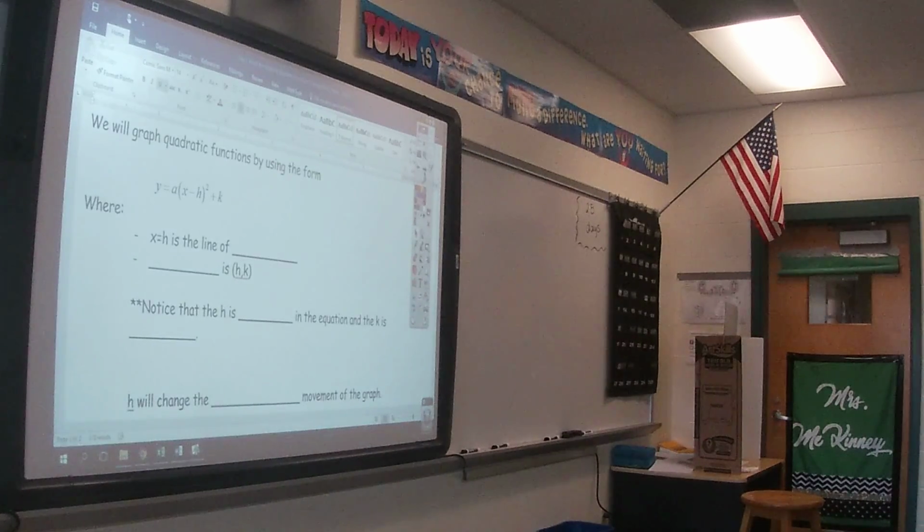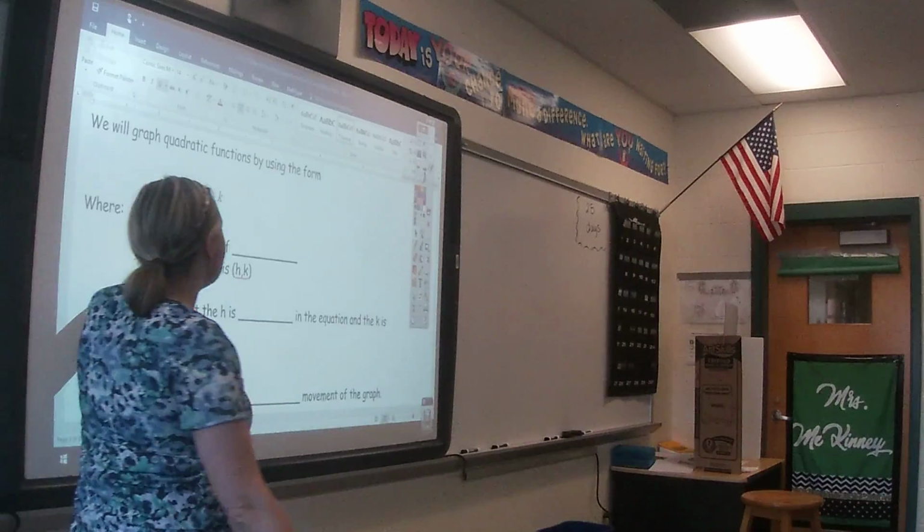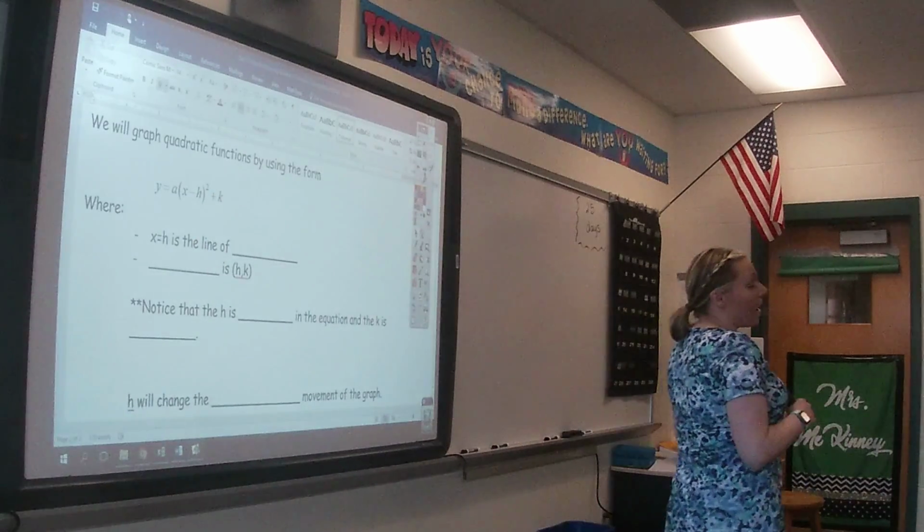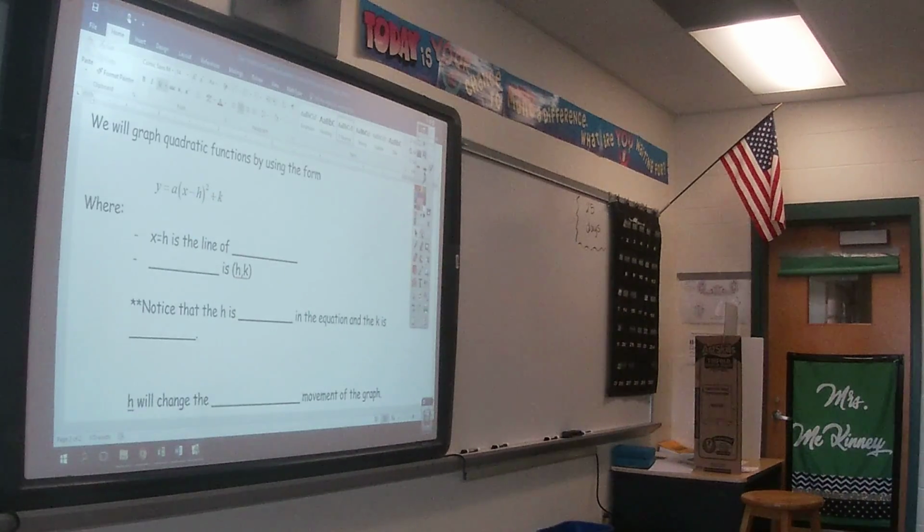We can write every single quadratic in this form. I'm just not going to tell you how to do it. It does involve doing some stuff with completing the square, but we're just not going to do it. You just have to trust me. I'm going to give them to you in that format already. You just need to know what to do with it.